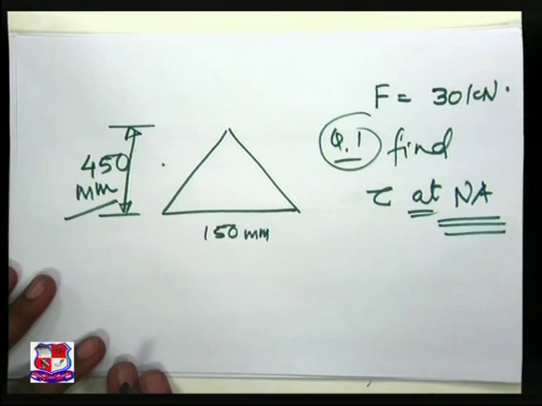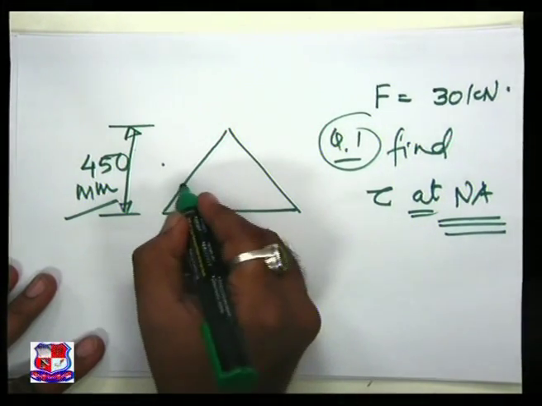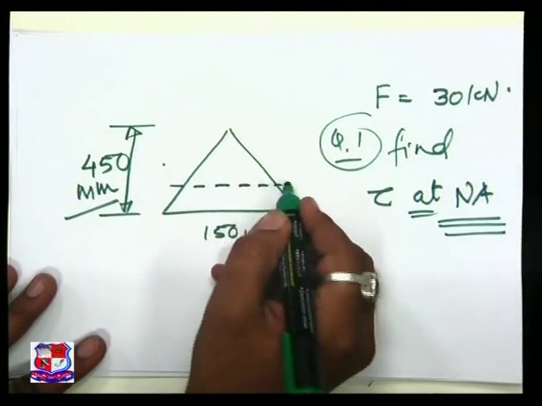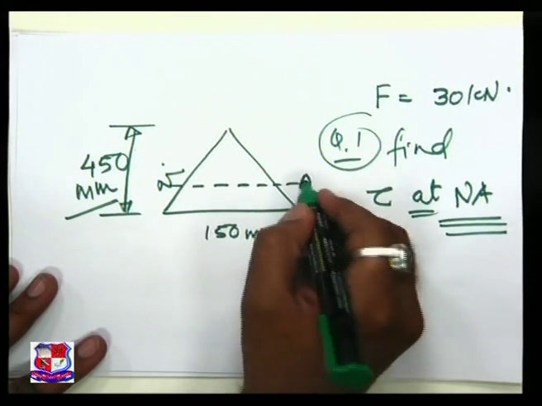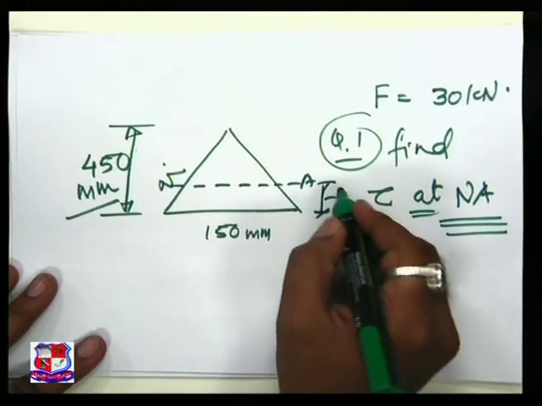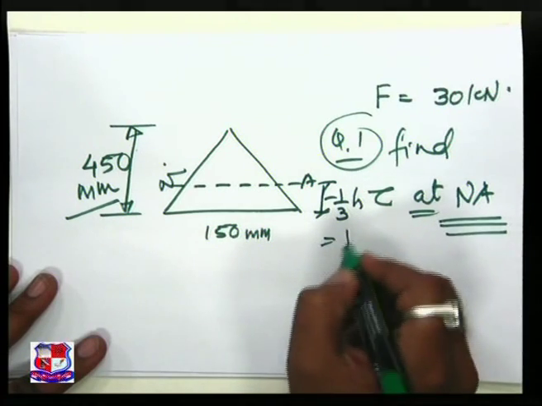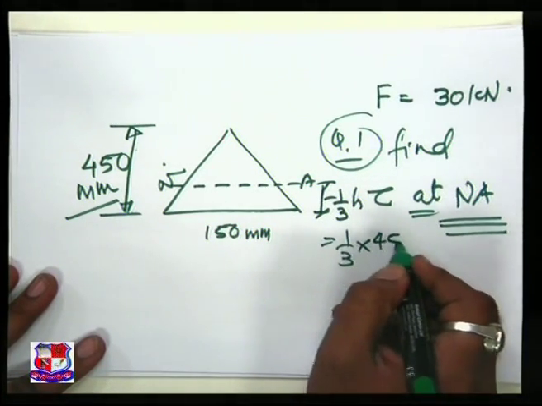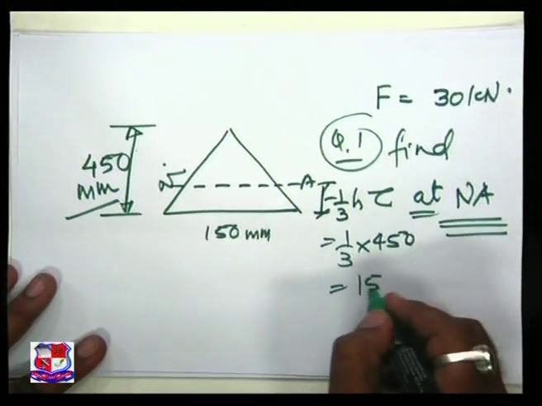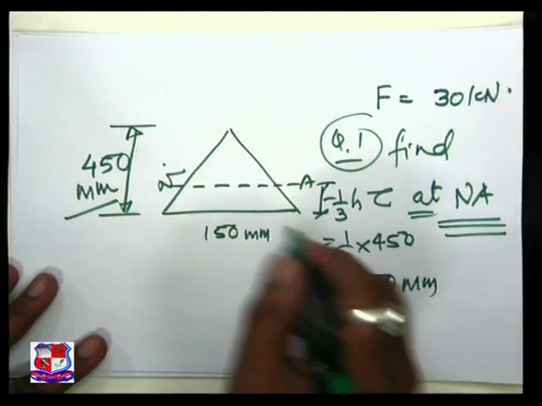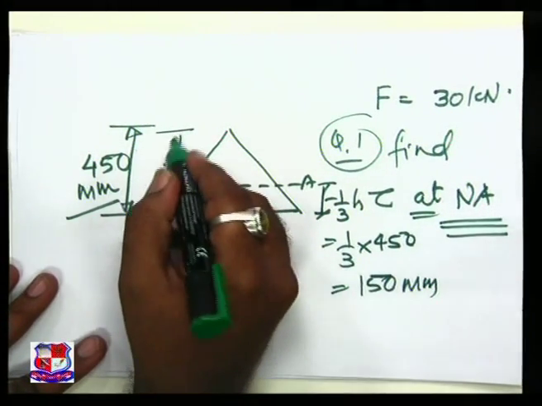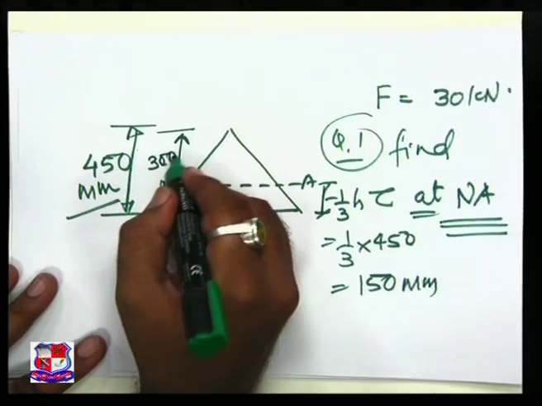The neutral axis is available over here, and this distance is 1/3 h, 1/3 of 450, that is 150 mm. So this is 300 mm.